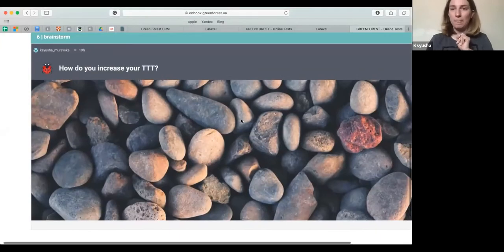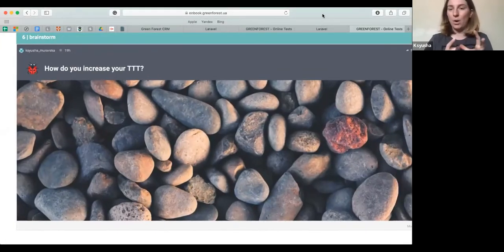Because when you give instruction, that's also your teacher's talking time. And what I will ask you to think of together with your partners: try to think about situations during the lessons in which you increase your teacher's talking time. Situations in which you start talking more and more and more.